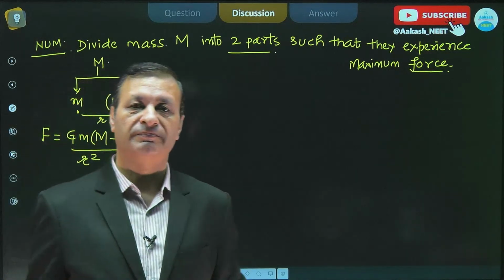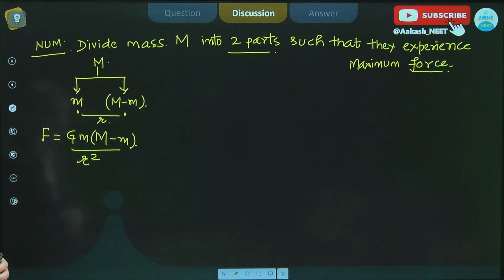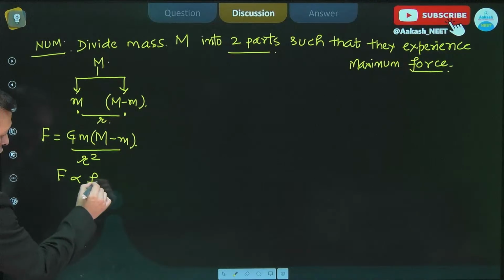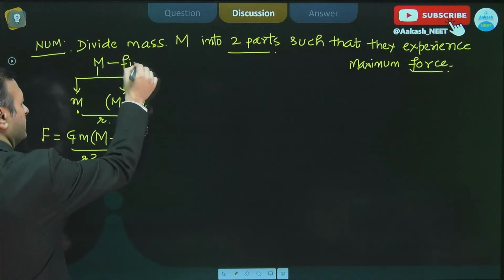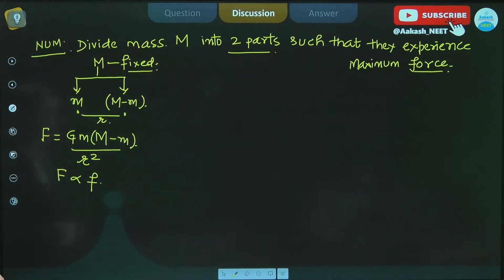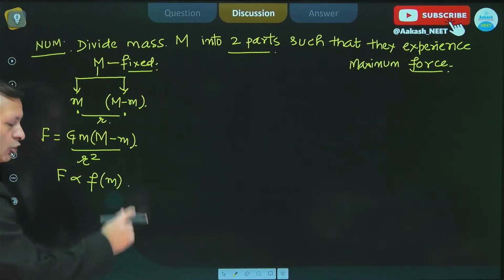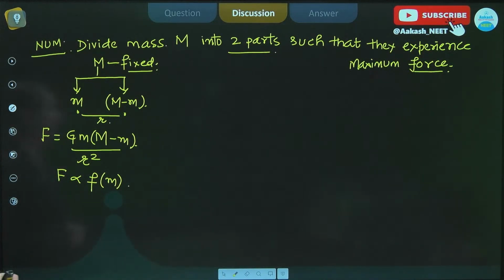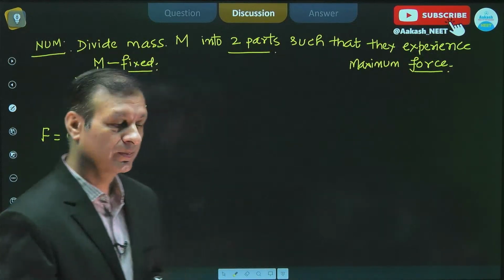Now this force, if you look at this, this mass M is fixed, it is a known mass, and G and r are constant values. So this force is a function of small m only, and the force is defined as the maximum force.